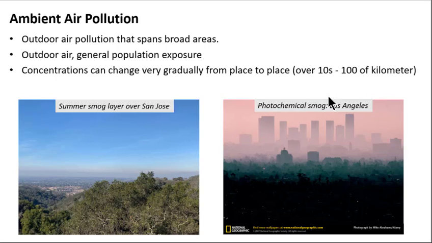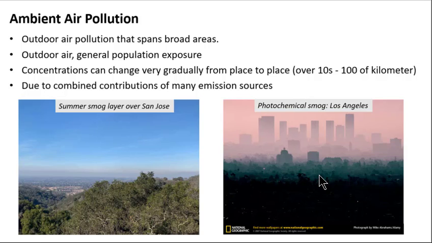Third, concentrations can gradually spatially change over the city or city metropolitan area. However, this change is gradual and takes place over relatively large distance scales, say over tens of kilometers.